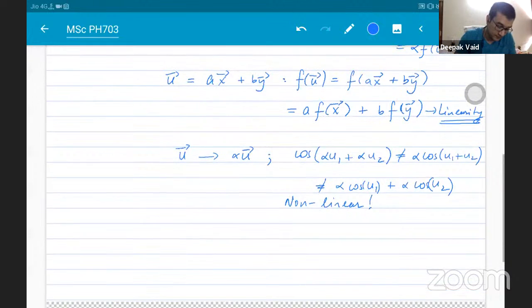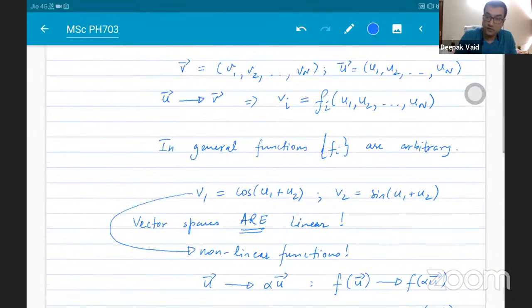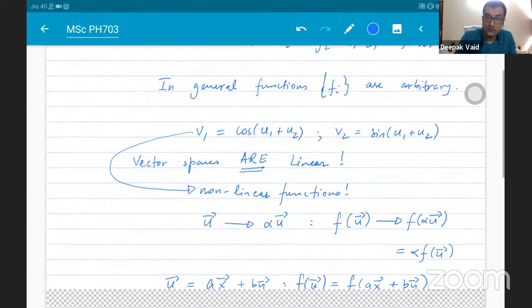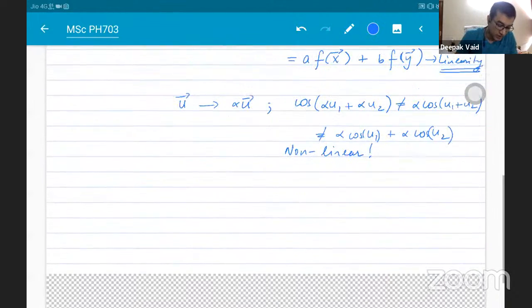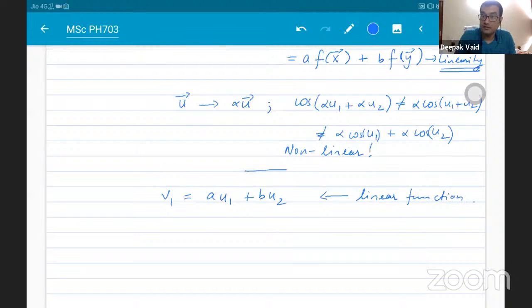Okay. So what we want is a way to transform vectors into each other using functions which are linear. Okay. Now, what are the simplest linear functions? The simplest linear function is just this. This is a linear function. Right?